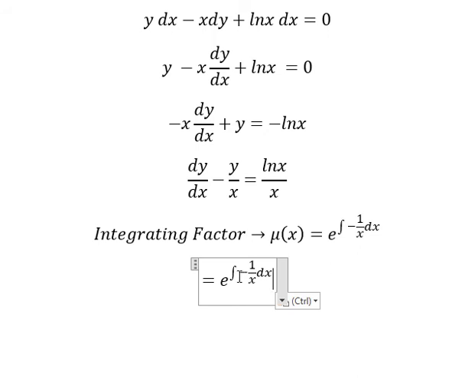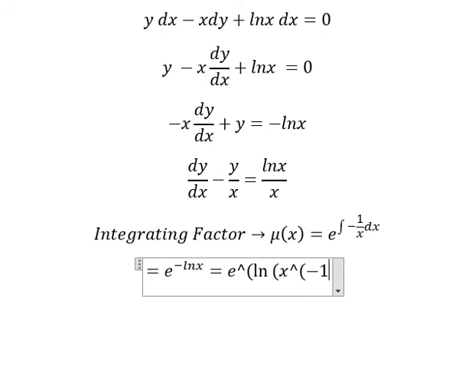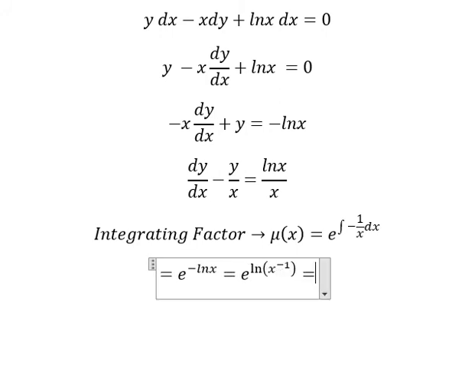The integration of 1 over x dx, we have negative ln x. So we can put the negative inside the natural log in here. And we have 1 over x.